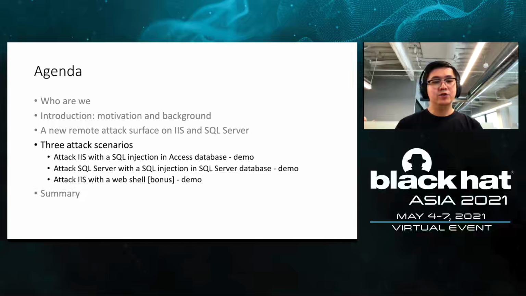Now we come to introduce 3 attack scenarios under this new attack surface in the real world. In each scenario, we will detail the new attack surface impact and the requirements, as well as show examples of vulnerability details, including demos.